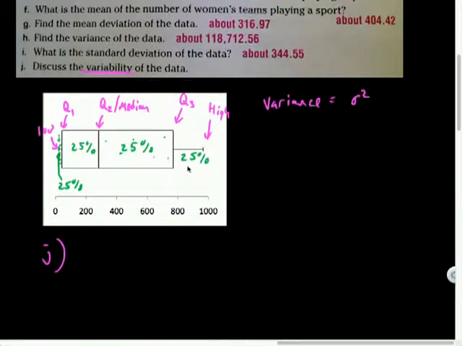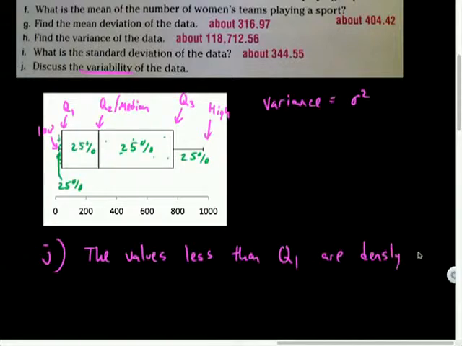So what I would say, let's see, I would say that the values less than quartile 1 and Q1 are densely populated. Let's see. There we go. What else do we have?